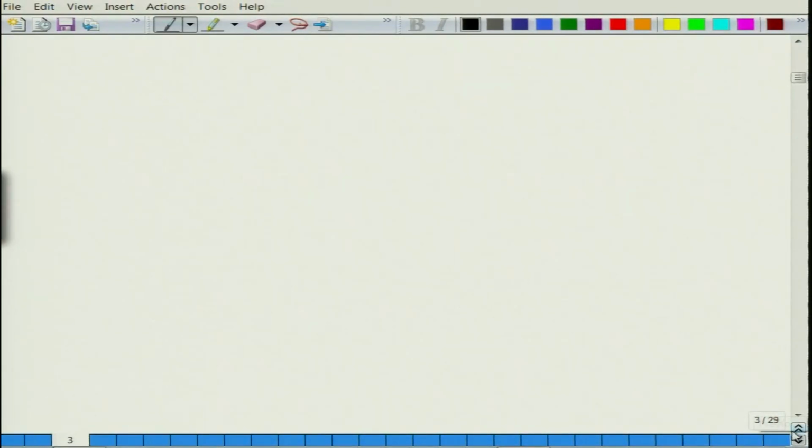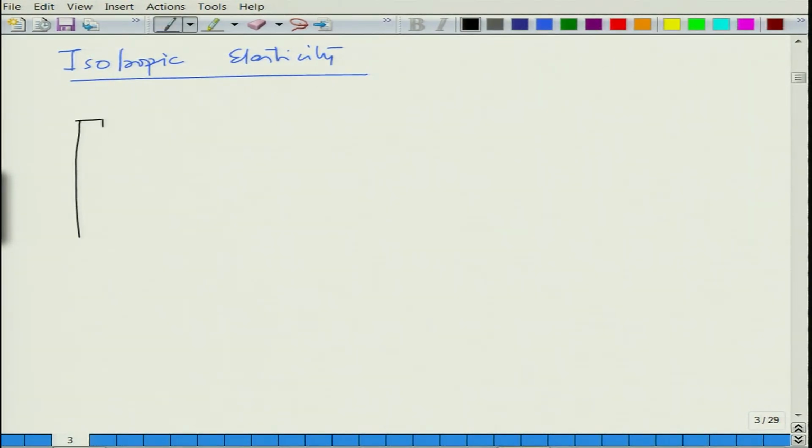Then we were looking at the isotropic case of elasticity. Let us say you have a bar which is elongated by a tensile stress, and this gives rise to tensile strain.